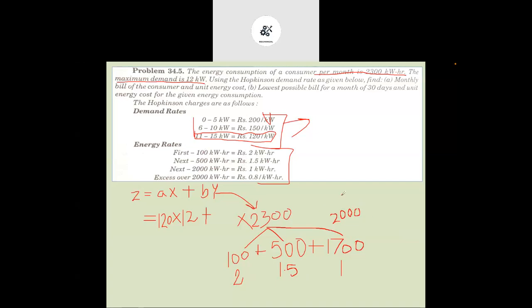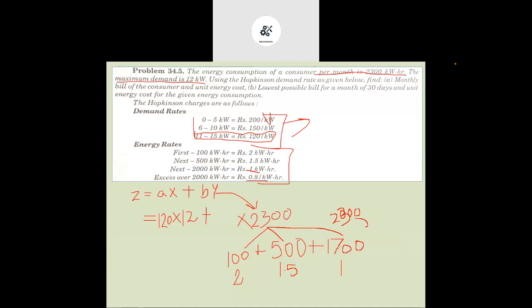Even if the remaining units are up to 200, the rate will be only 1 rupee per unit. If the remaining units are 2300, then for the first 200 units the rate will be 1 rupee, and for the remaining 300 units the rate will be 0.8 rupees. That's how you have to split this up.